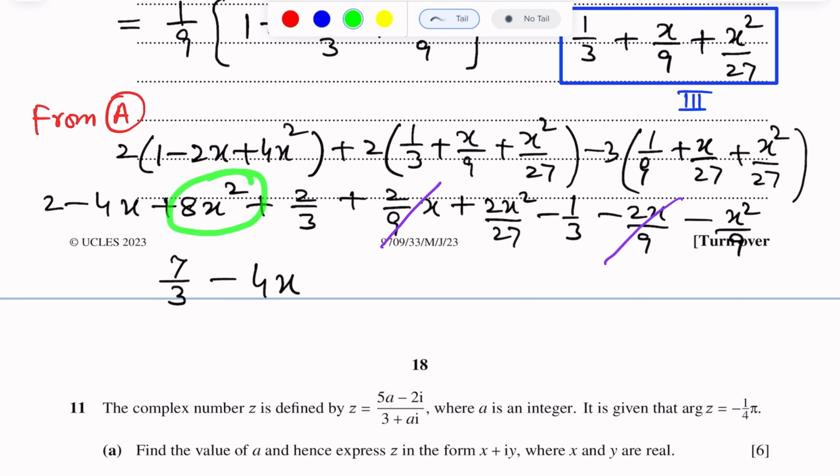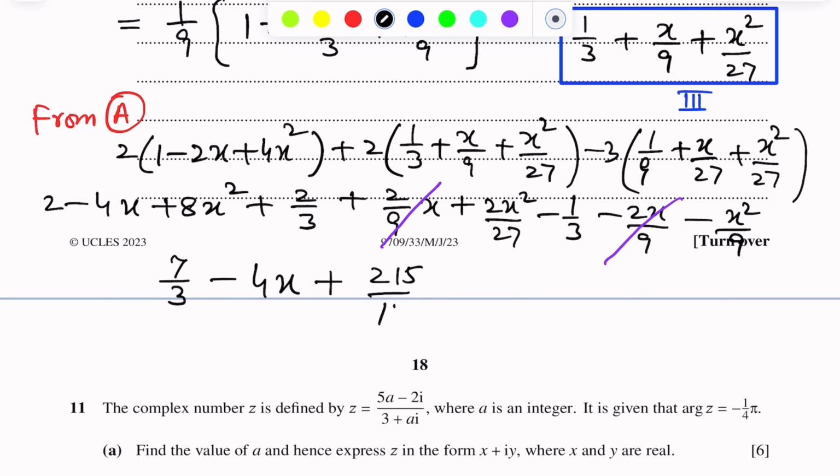Square terms: 8x square plus 2x square over 27 minus x square over 9. After simplifying we get 215 over 27 x square. Here, this is the required answer.